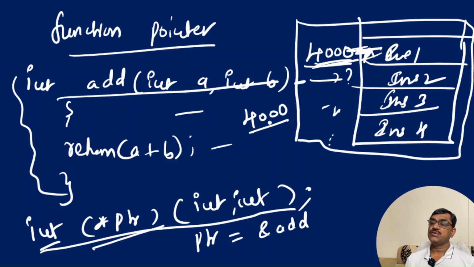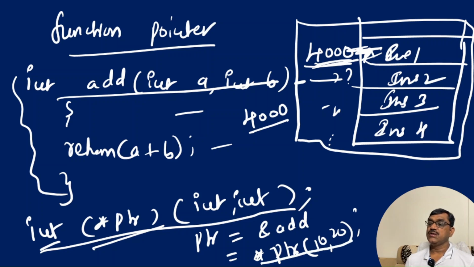How to move from outer 4000 into inner 4000? For that, what we are going to do is to call the function add, which is stored at this memory location. Calling a function is done like this, star of ptr, and we are going to pass some values like 10 and 20, star of ptr.